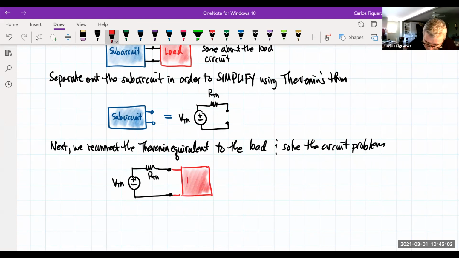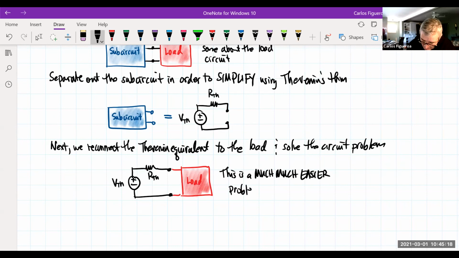And when you look at this load circuit here, this is a much, much easier problem to solve.